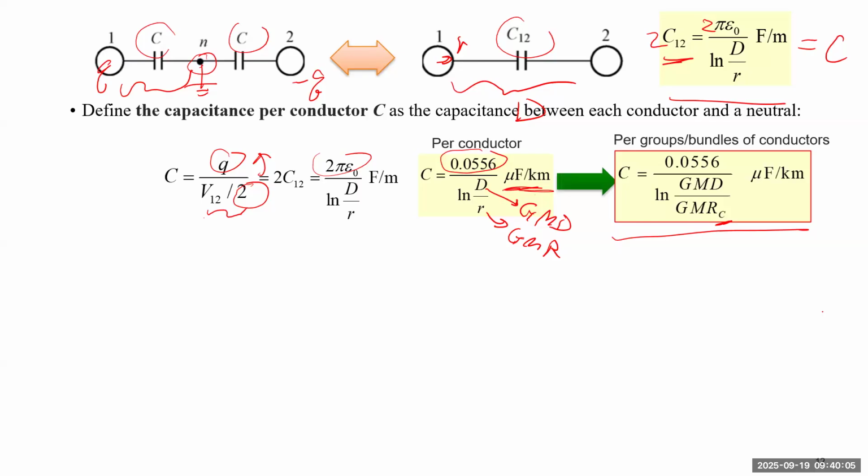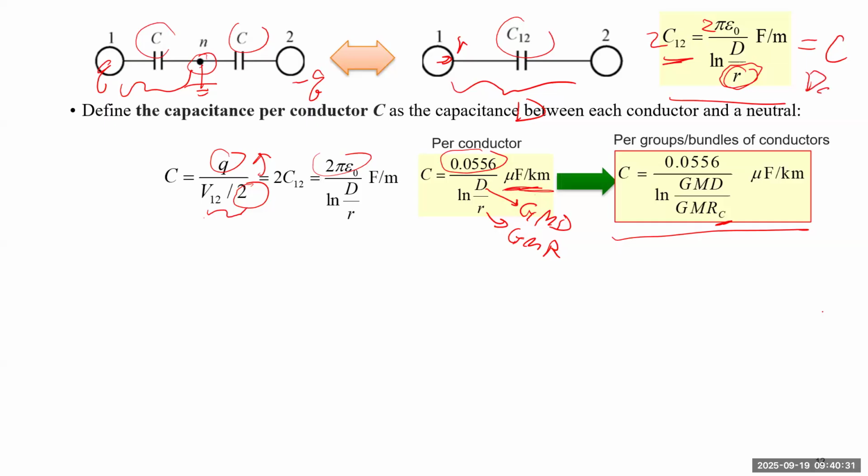Because, as I explained, the electric field doesn't stay inside of a conductor. So when you calculate the radius, you want to exclude the flux inside the conductor. So this GMR will be different. You already noted that. Here we use R in this case; it's not the DS.